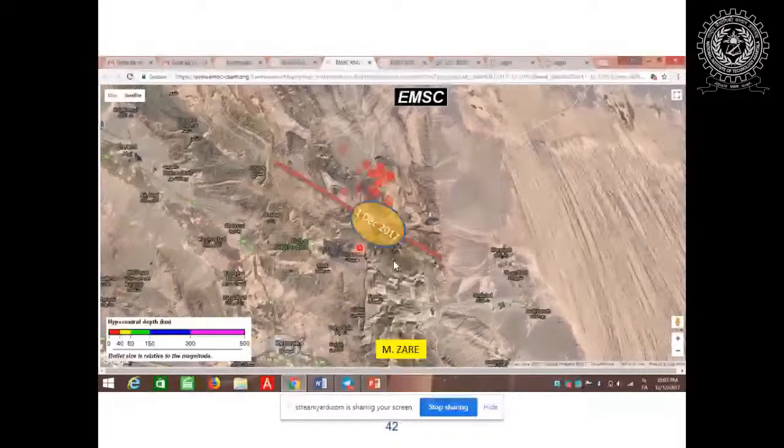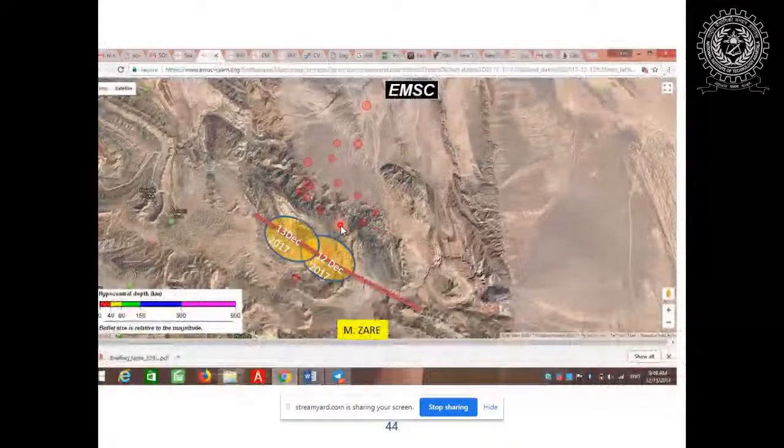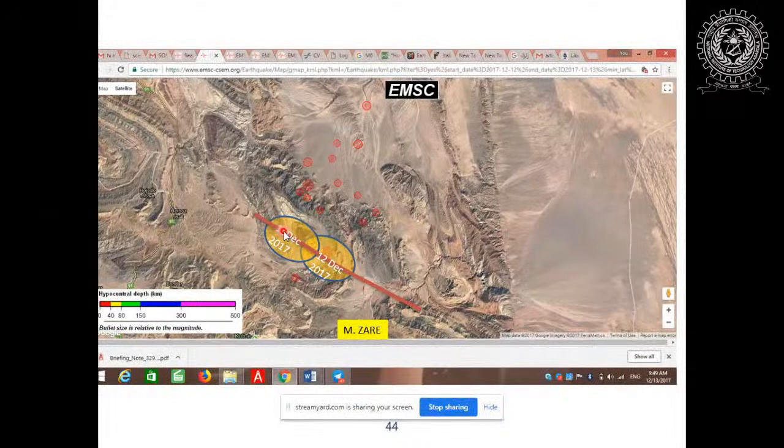On the 12th and 13th of December, there were 2 other earthquakes with magnitude 6, which occurred as consecutive earthquakes, one after another, after the northern Kerman earthquake.